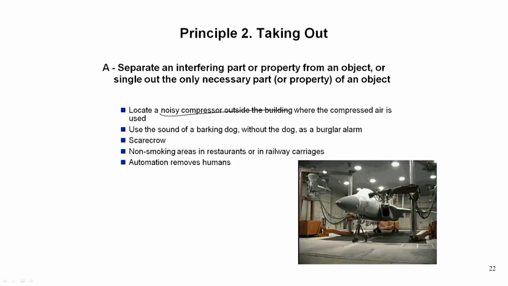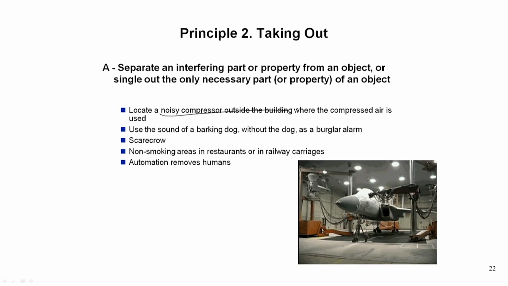Because of the technology of something similar to split, that is, the cooling happens at one place, but the noisy compressor is kept somewhere else outside the building. So, that is the principle of taking out. Use the sound of a barking dog without the dog, like a burglar alarm or use of a scarecrow.